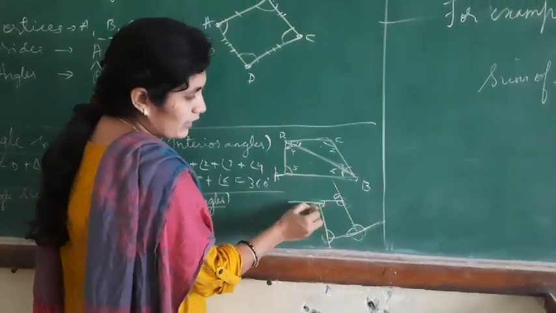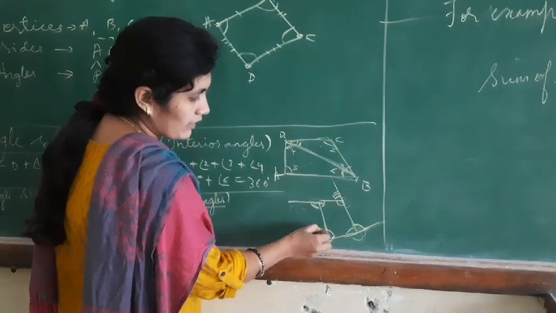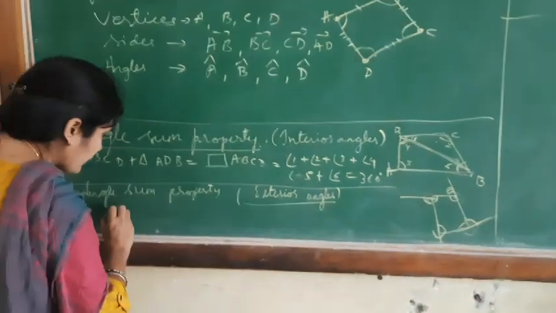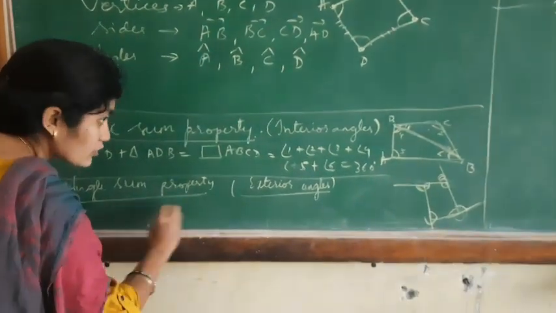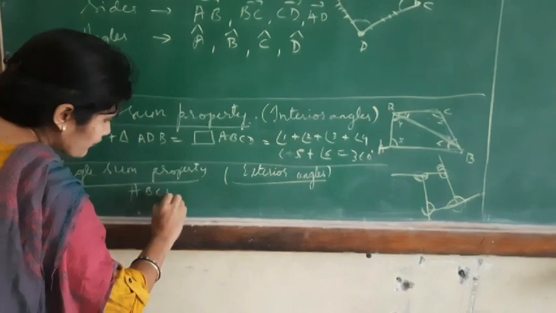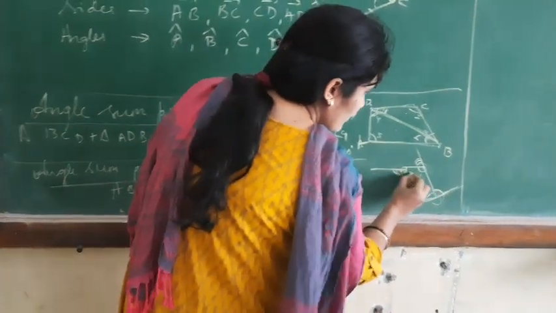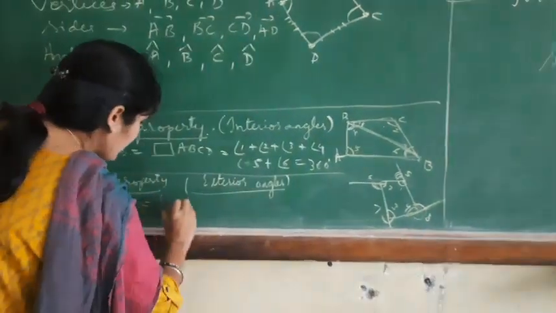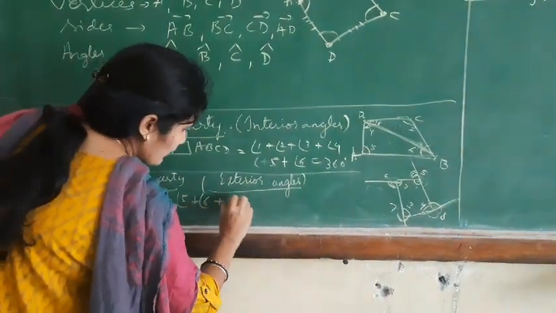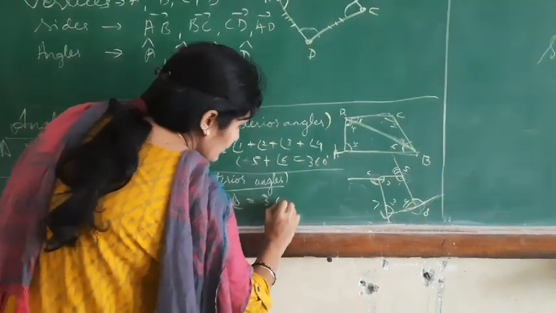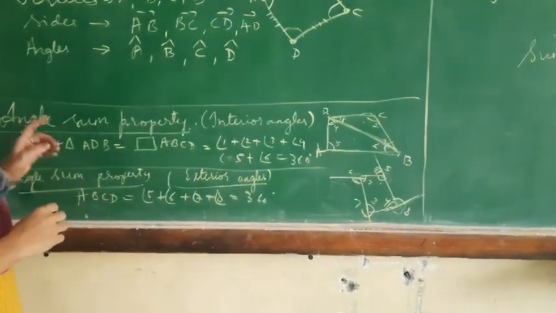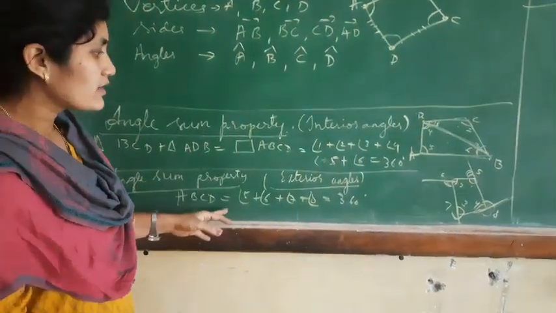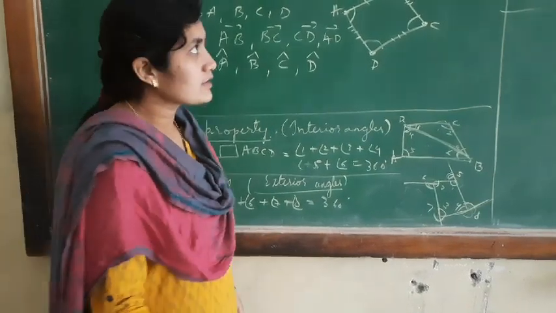And this outer angle, which is called exterior angle, its sum also will make 360 degrees. So for the exterior angles of this quadrilateral ABCD, angle 1, 2, 3, 4, 5, 6, 7, 8, angle 5 plus 6 plus 7 plus 8 gives you 360 degrees. So the angle sum property of a quadrilateral is that the sum of the interior angles is equal to the sum of the exterior angles, which both are equal to 360 degrees.